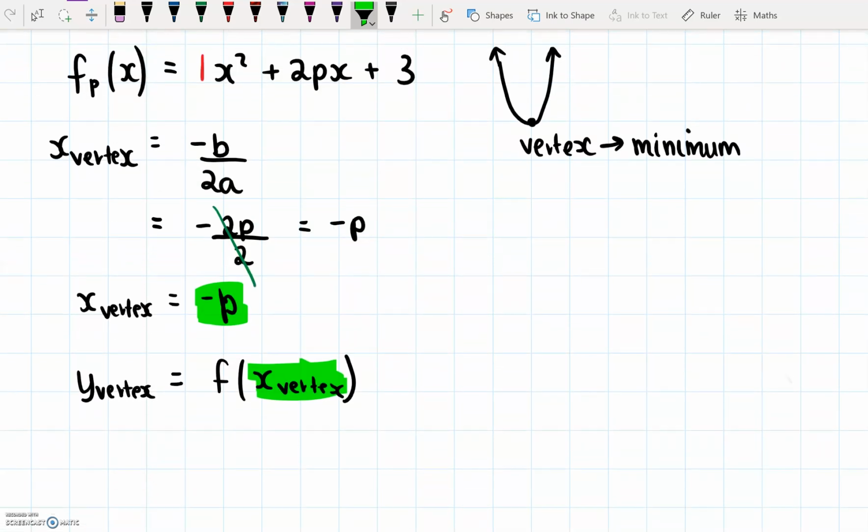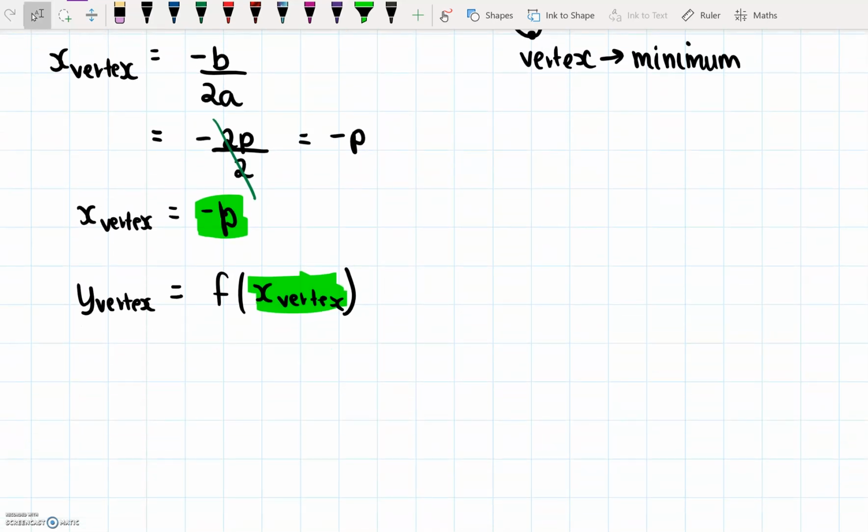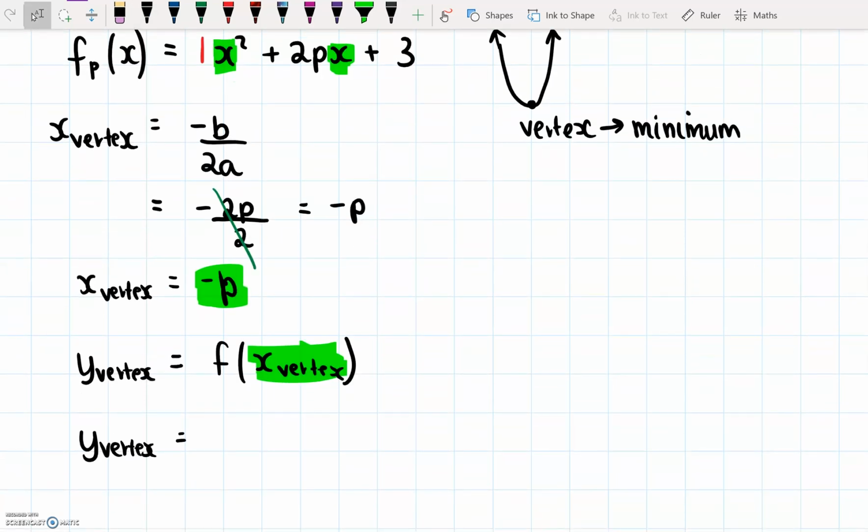Okay, that's going to go in place of all those x's in the original function. Okay, so in this case, we have y vertex is equal to x squared, but x is minus p, so we have minus p squared plus 2 times p times minus p plus 3.